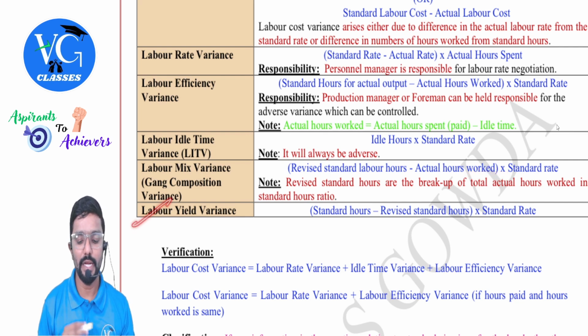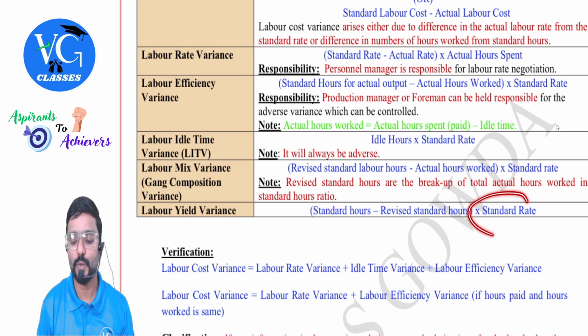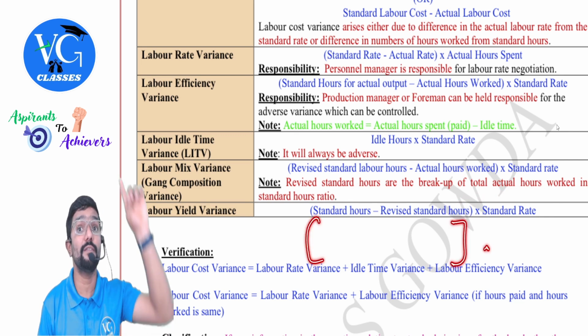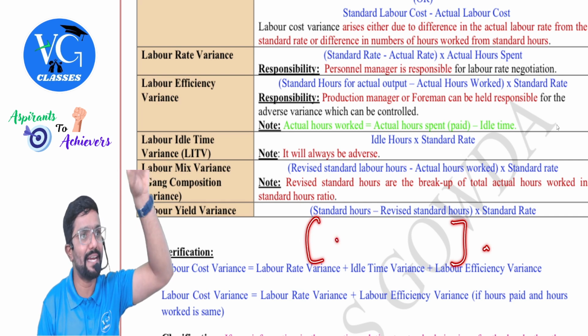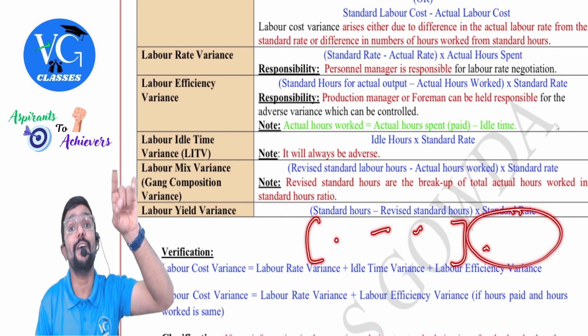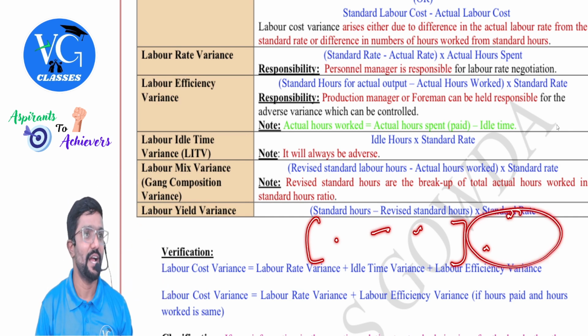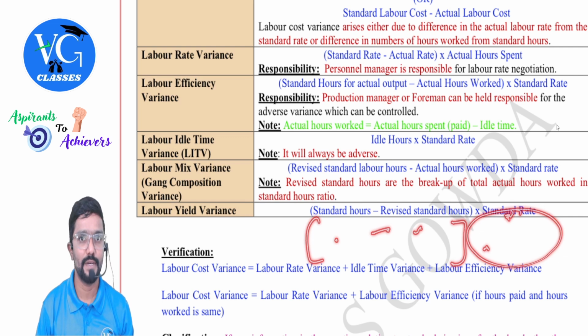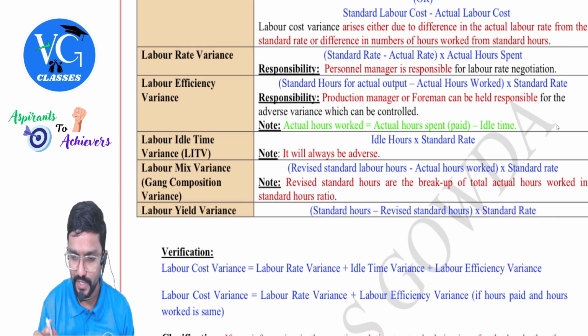Next, coming to yield variance: standard hours minus revised standard hours into standard rate. Here also we can use the alternate formula: total standard hours minus total actual hours work into average standard rate. How do we get average standard rate? Standard cost divided by standard hours. Got it? Let me also show it in the question, guys.